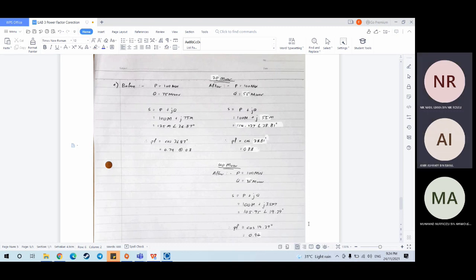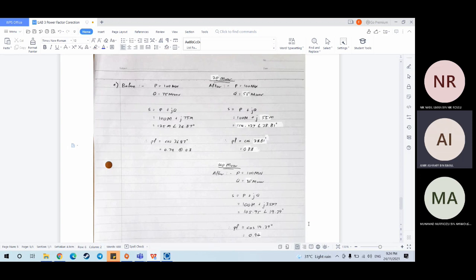Next, we increase the reactive compensation to 20 megavar. The value for power is still the same, 100 megawatt, and the value for reactive power is 55 megavar. To calculate the apparent power, we use the formula power plus imaginary reactive power.